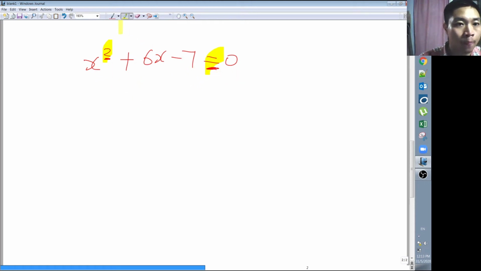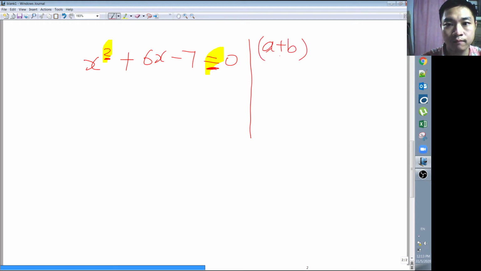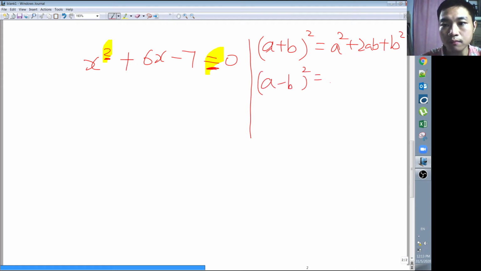Before I start, I hope you are already very familiar with these three formulas. If you are not, please memorize these three formulas by heart. This is your first formula, and then this is your second formula. These three formulas are the building blocks in your secondary school math syllabus, by the way.